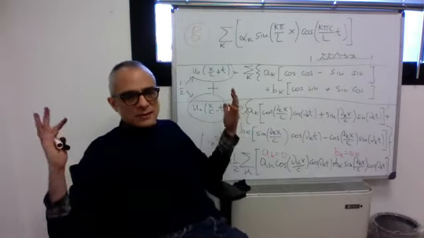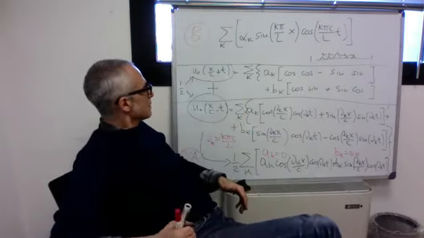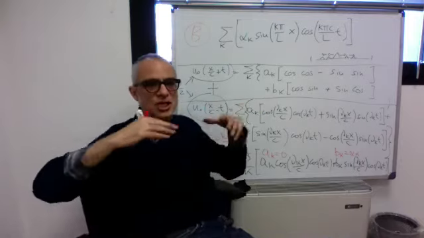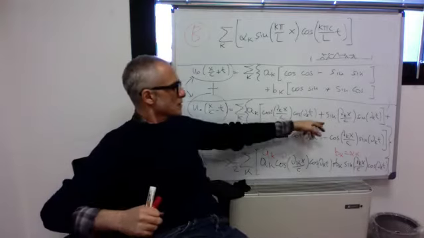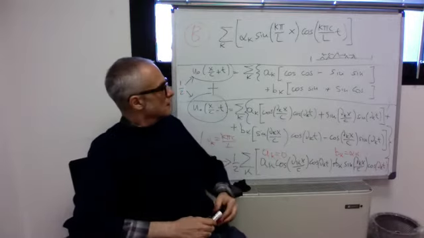Which means also that any initial shape the string might have, no matter how complicated, is always a linear combination of these.